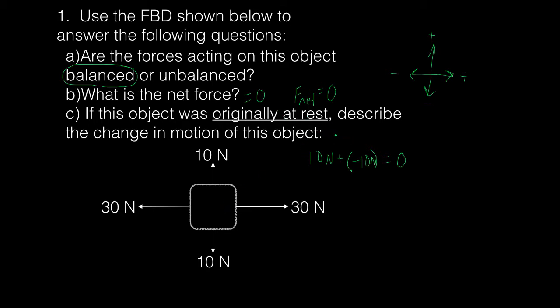So how is it going to change? It's not going to change. It's going to remain at rest. If you think back about Newton's first law, an object at rest stays at rest, an object in motion stays in motion, unless it's acted upon by a net force. And in this case, there is no net force, so the object is going to remain at rest.